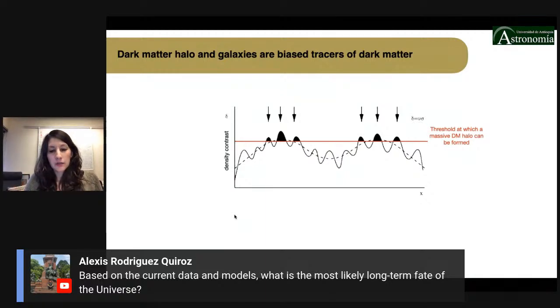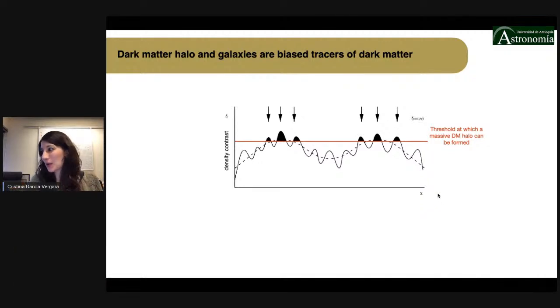Then I guess that in the future, this will also be reflected as unbiased tracers of dark matter. But I don't know what else to include in this answer. It's really a hard question.